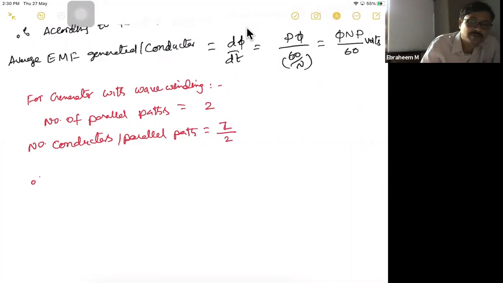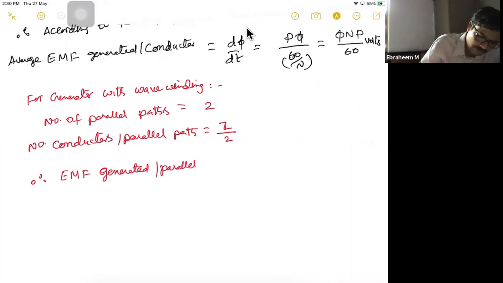So the EMF generated per parallel path, EG, is equal to the EMF per conductor multiplied by the number of conductors in the parallel path.